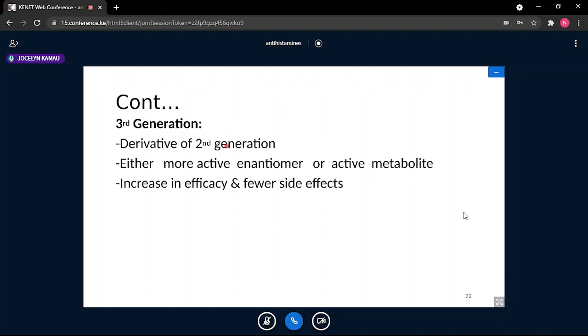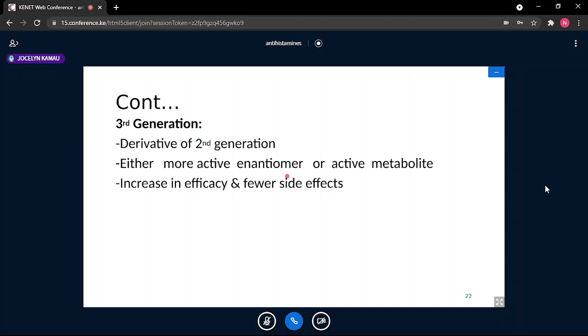Then we have the third generation, and usually the third generation are derivatives of the second generation. Either you have isolation and you have the more pure form, or you have one of the isomers. When we look at these drugs, chemistry is very important, and you can have the R and S isomer. So more often than not, you find that the third generation can be the more active enantiomer.